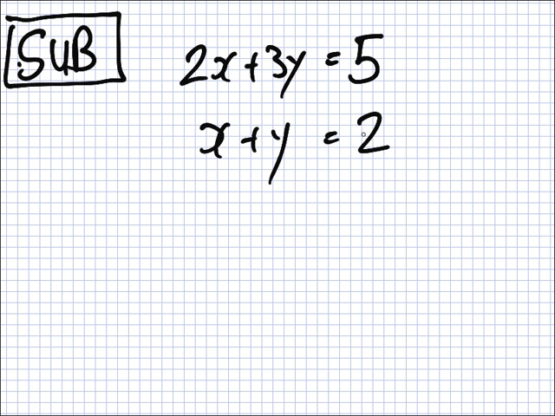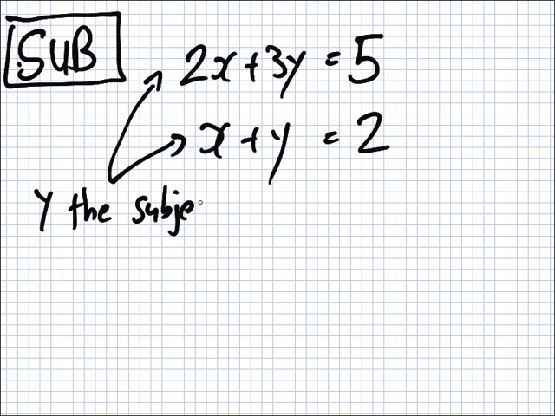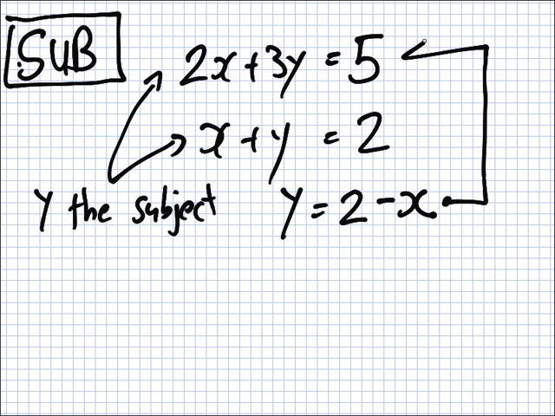What you do is you choose one of these and you make y the subject. Which one will be easier to do that for? The second, yeah. The second one you can say y equals 2 minus x. And then what you do is you sub that back in.